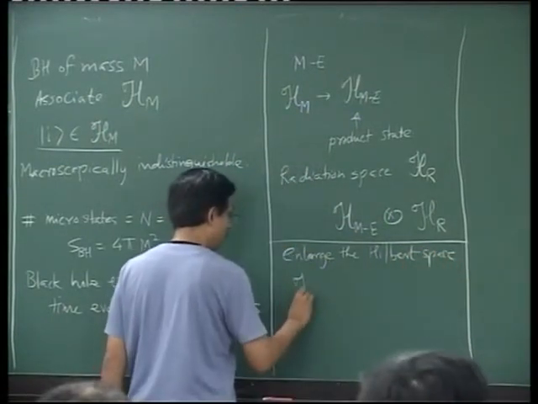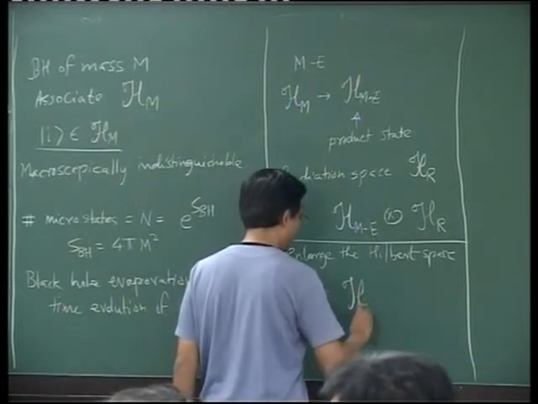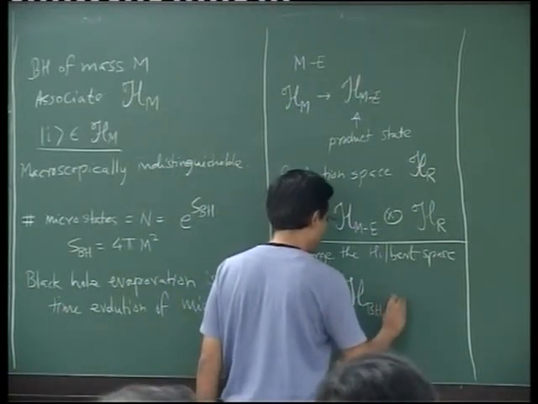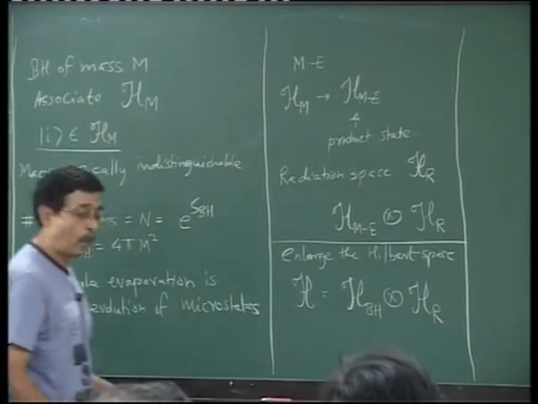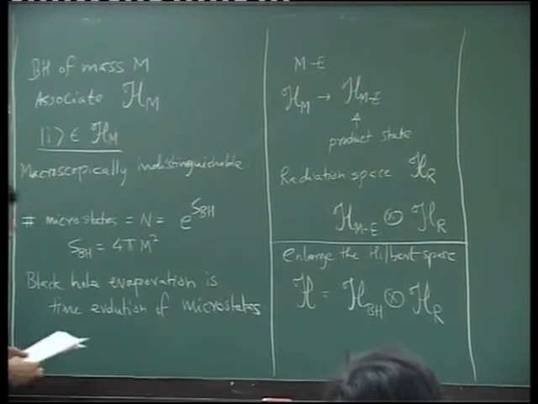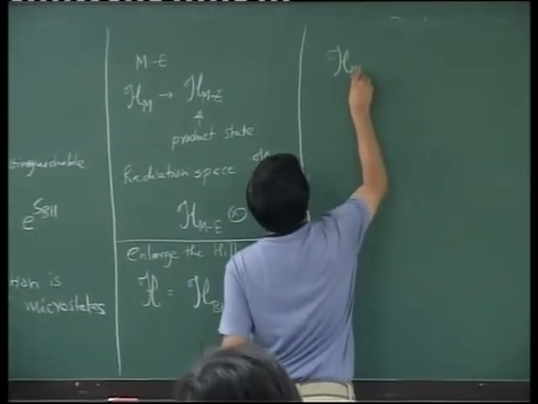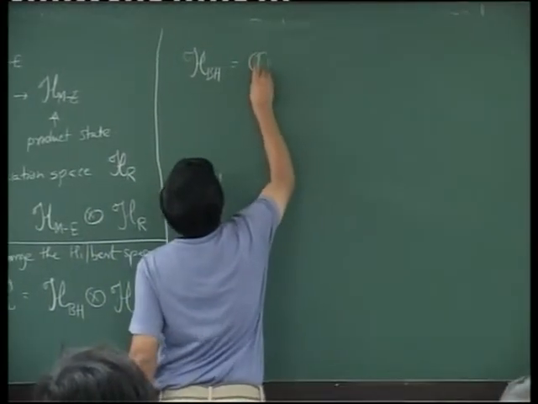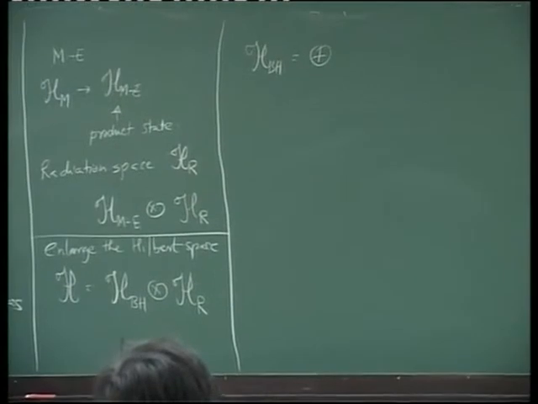So write down the total Hilbert space H to be the tensor product of H black hole times H radiation. And this H black hole itself is a direct sum of the black hole having gone from H_M to H_{M-E} cross H_R.